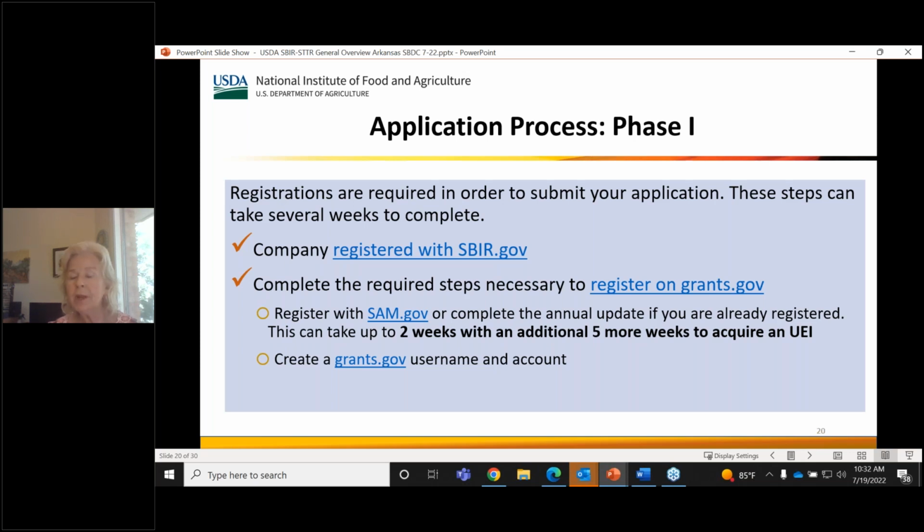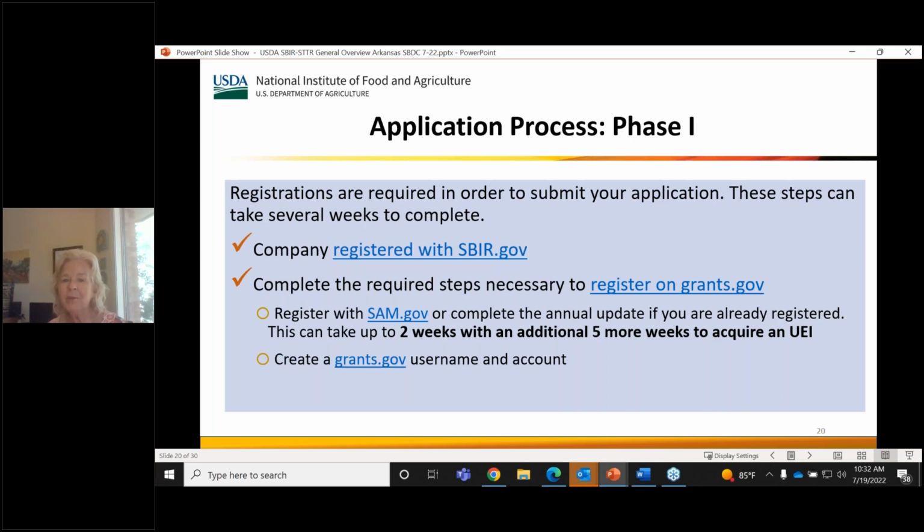So if you're going to apply for USDA SBIR STTR phase 1, and we're expecting it to come out in the next 2 weeks, then this is the time to go in and get that SAM.gov registration. Can't really emphasize that enough. It can take up to 2 weeks with an additional 5 more weeks in order to get that SAM.gov registration.